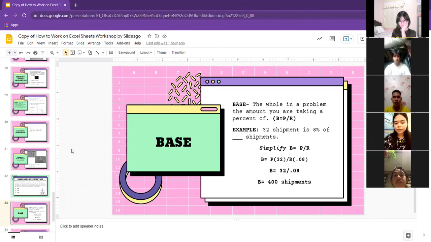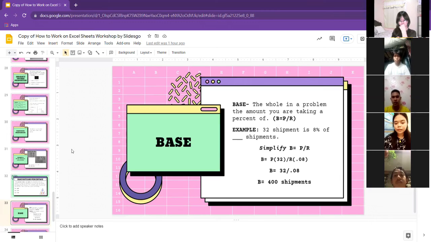Since yung percentage natin is 32, i-divide natin siya sa rate na 8%. Pero yung 8% na yun, gagawin muna natin siyang decimal, na magiging 0.08. Bali magiging base is equal to 32 over 0.08.